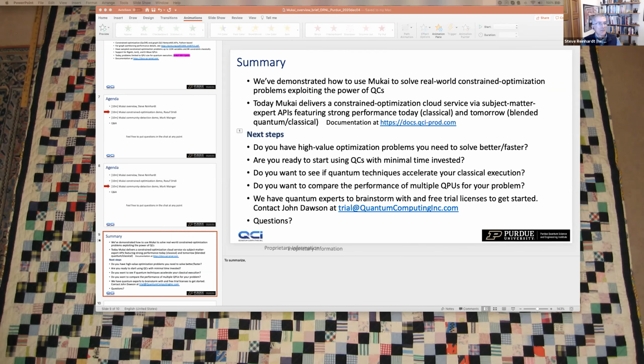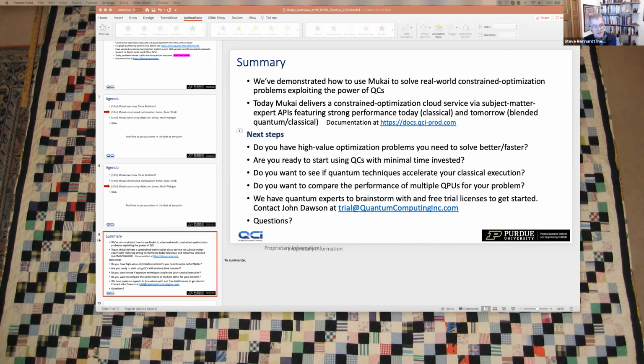We feel like that's where our best advantage is. We can also solve continuous problems. We feel like we're not as strong there relative to the best classical solvers.